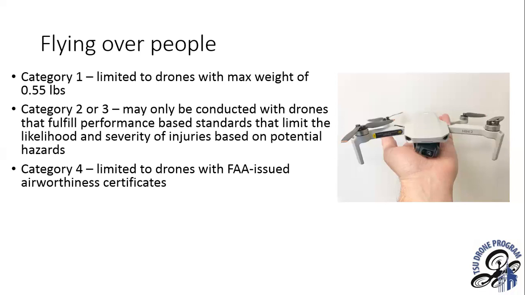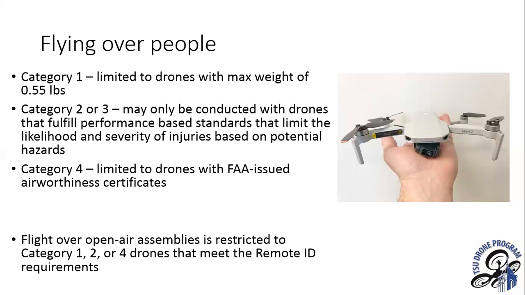The last thing here is that any open air assembly where you've got a number of people in a crowd is restricted to Category 1, 2, or 4 drones that meet the remote ID requirements. Remote ID is a new thing that drones are going to come equipped with, which is essentially going to broadcast a signal.